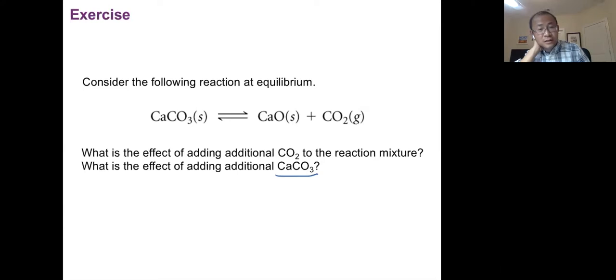It is a solid. The solid does not affect the equilibrium. So adding additional CaCO3 actually has no effect on the equilibrium. Why? Because no matter how much you add, its concentration is always 100% because it's a pure solid. Does it make sense?